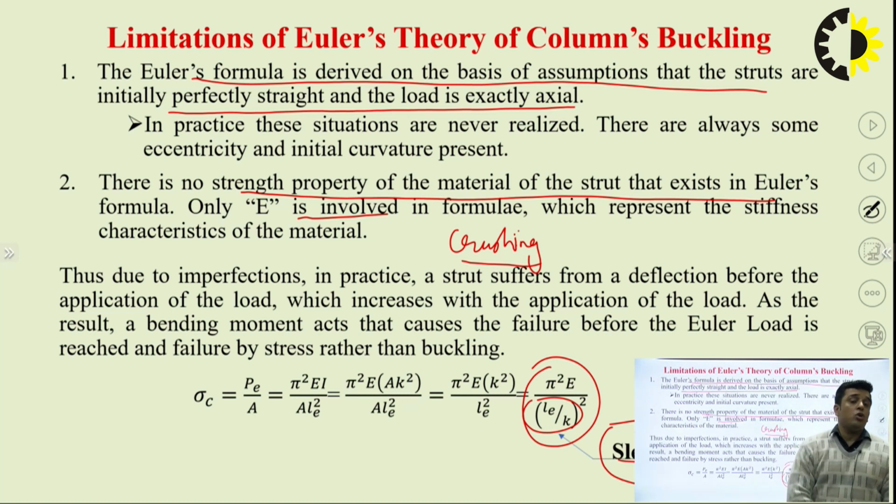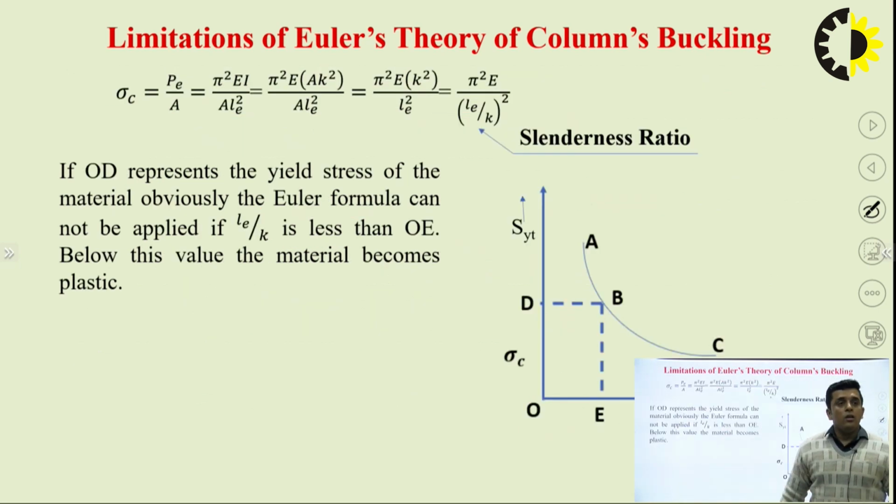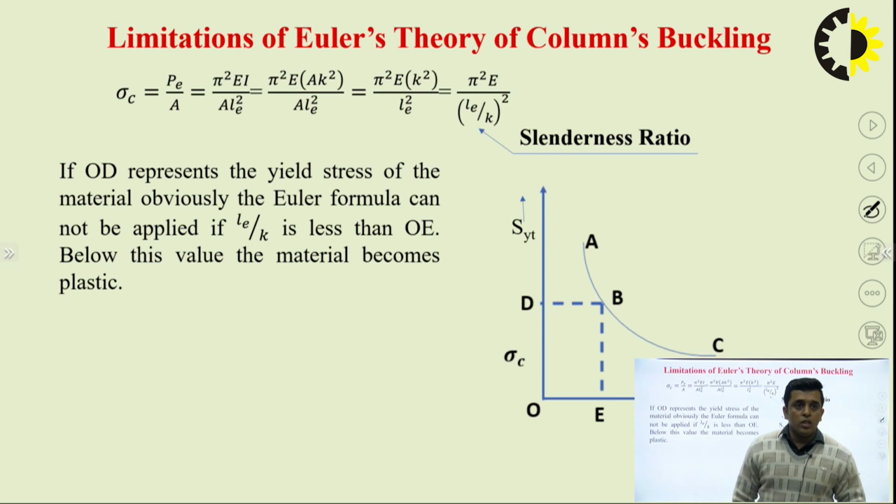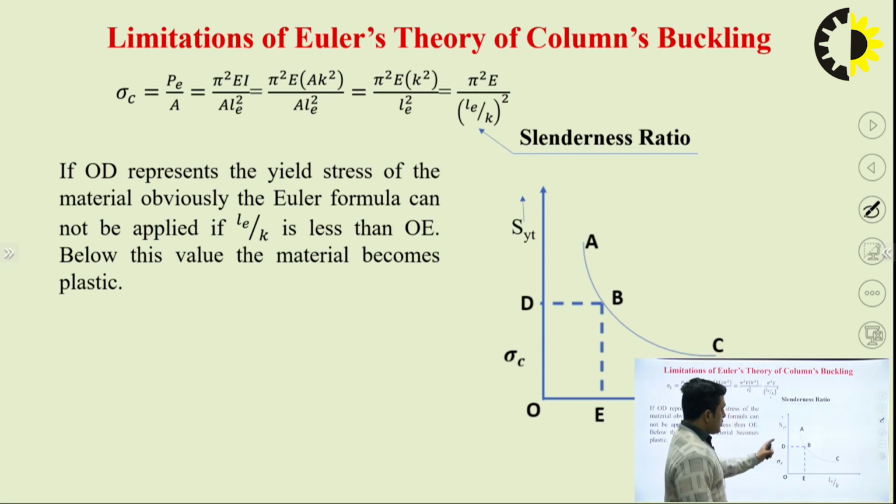This parameter is going to decide whether the column is going to fail due to crushing or due to buckling, or rather, whether the column will fall in a long category or in a short category. So if you see this curve that I have shown here, basically this curve is drawn for steel.